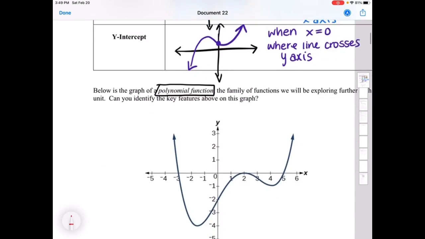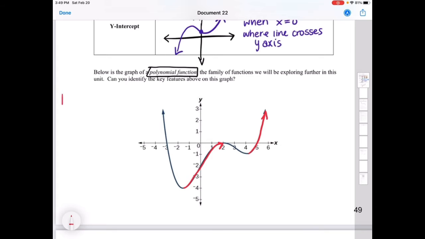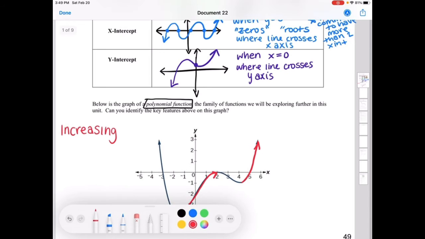So it's increasing from here to here, and it's also increasing from here to here. I'm going to put in red, increasing. Then we're going to do the decreasing, and we did decreasing in orange.